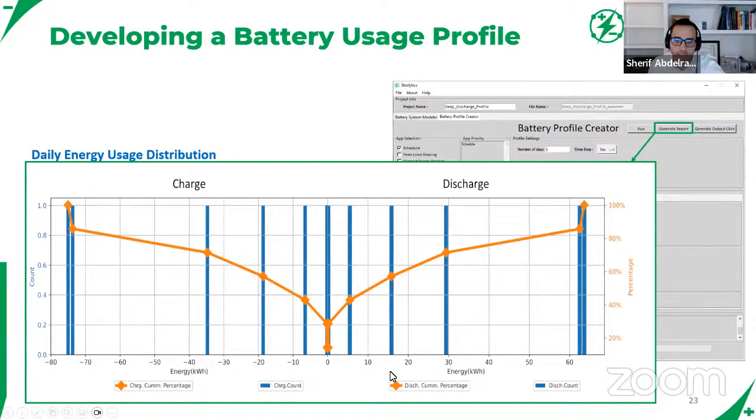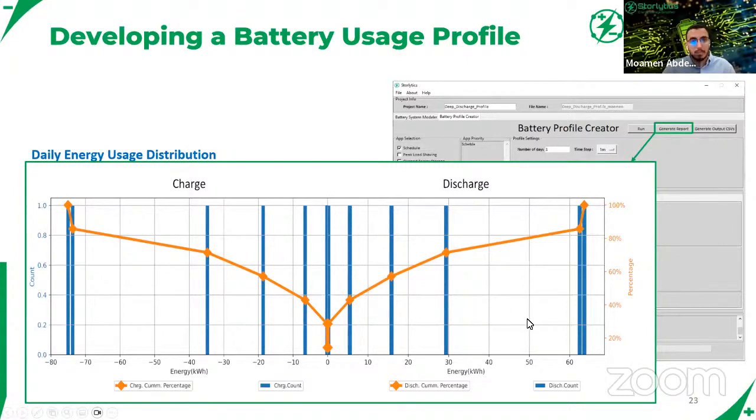Yeah, and I'll just add, I think this is really helpful to allow engineers and business development managers to recognize when there's diminishing returns on energy capacity of their systems.